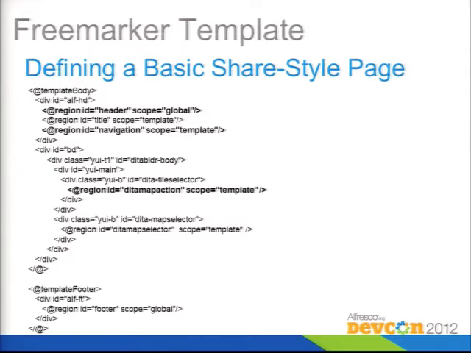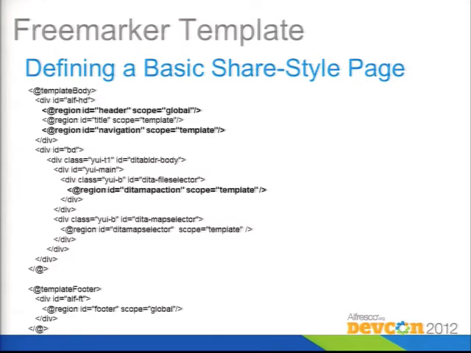If you can see the bolded references there, you can see that there are different regions defined on this page. And this particular template is one that's pretty frequently used inside of Share itself. So it has different regions defined. It's got a header region, it's got a title region, it's got a navigation region, which are those three things that show up at the top of a Share page.